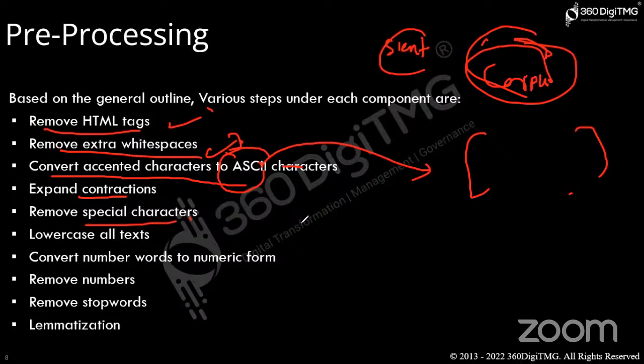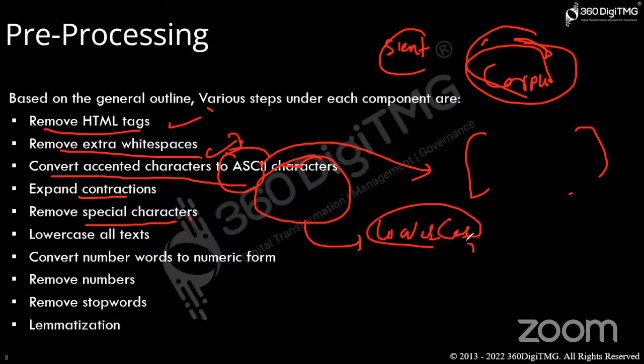So whenever we are working on textual data, we will be converting the whole text into lowercase, because text mining or NLTK is case sensitive. Let's say usage, or capital Usage, or USAGE.